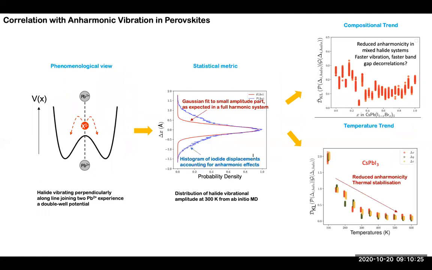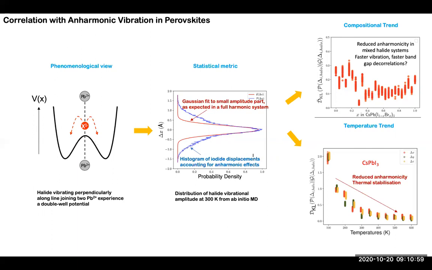And we also want to look at how they affect the anharmonic vibration of atoms in perovskites. Phenomenologically, what people understand of the anharmonicity of halides is that if you look at the halogen atom that's in between two lead atoms bound by the octahedra, the potential energy surface experienced by these halogen vibrations typically exhibits a double well potential.